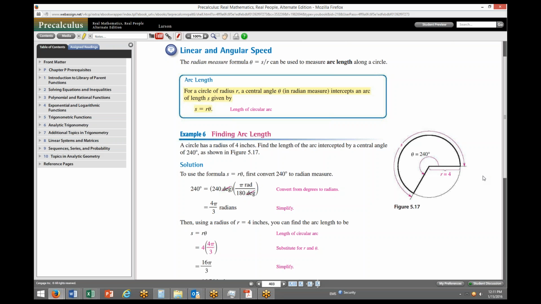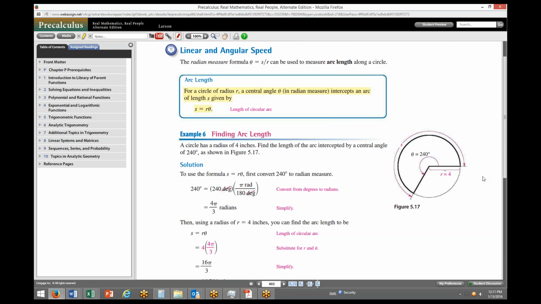So, here's your definition now of arc length. For a circle of radius r, a central angle theta in radian measure, that's key, it's got to be in radian measure, intercepts an arc of length s, the length of that arc being given by the formula s is equal to r times theta. So s equals r theta is a very simple formula to find the length of that circular arc.